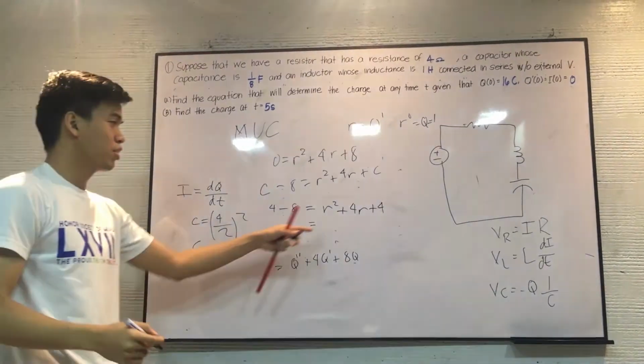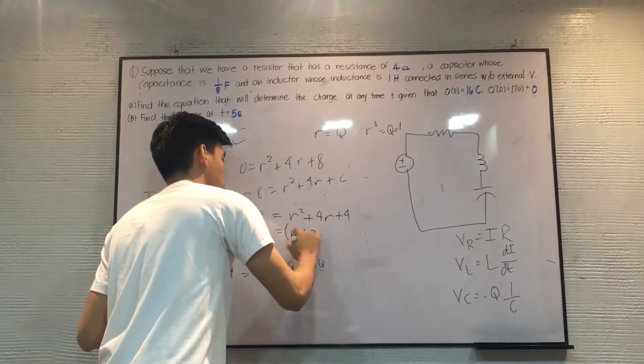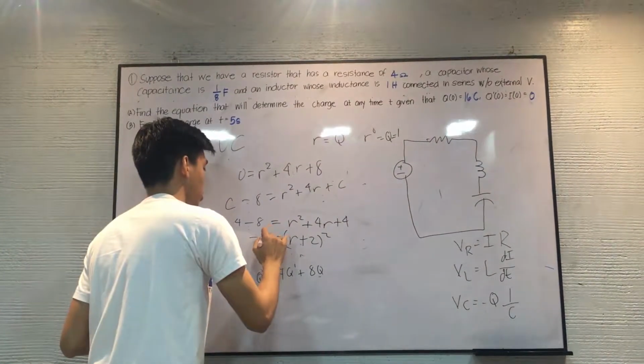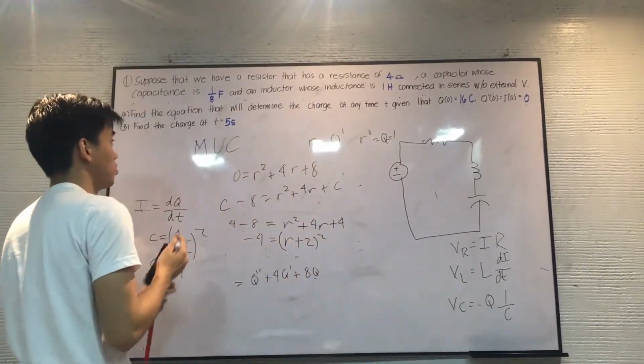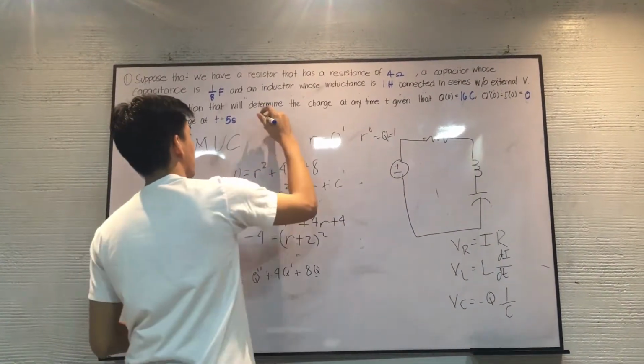So I'm going to restate this into its factored form, which is (r plus 2) squared, and on the other side, subtracting, it becomes negative 4.